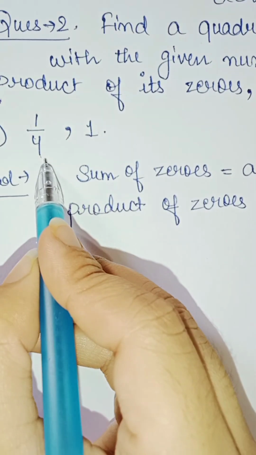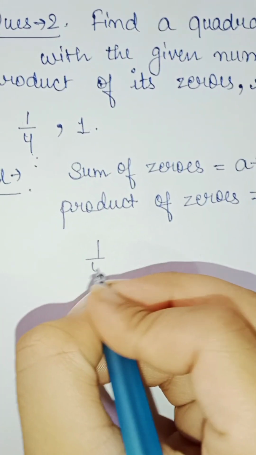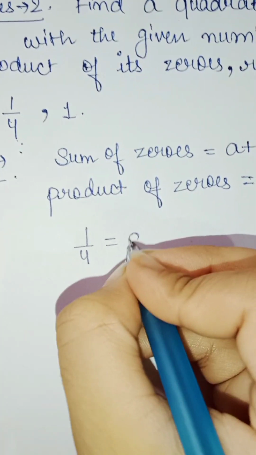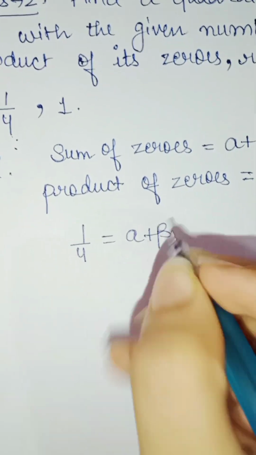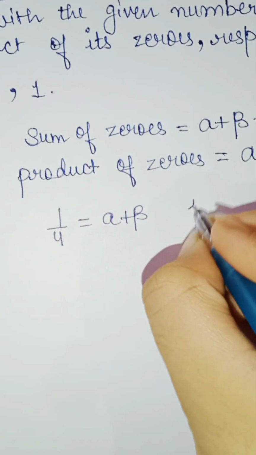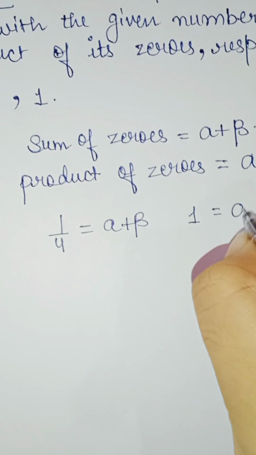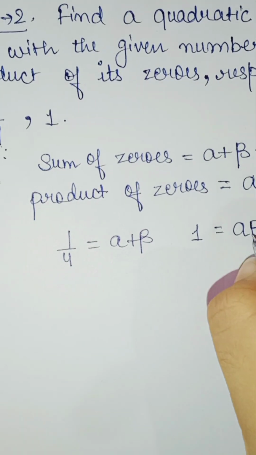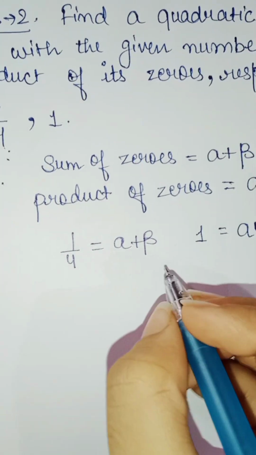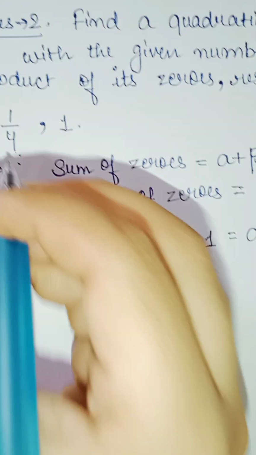So here let us consider 1 by 4 as alpha plus beta and 1 as alpha into beta. So here we are having minus 1.